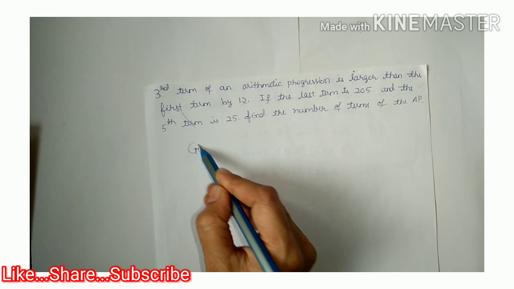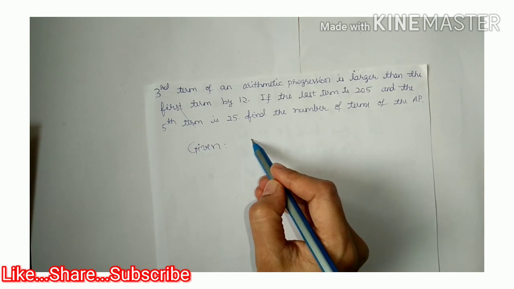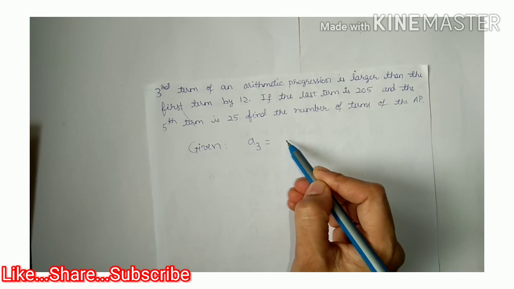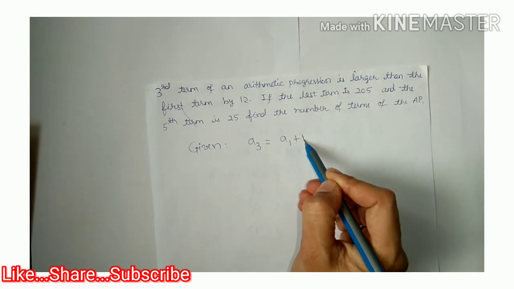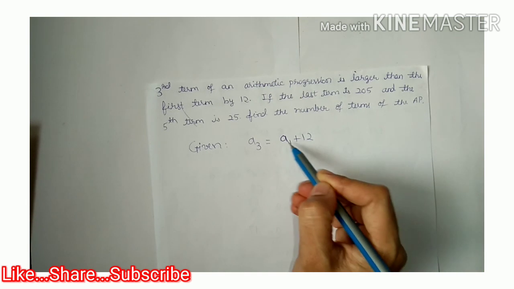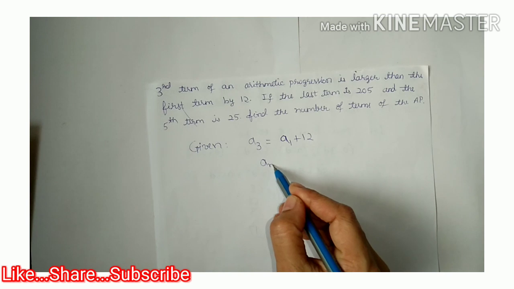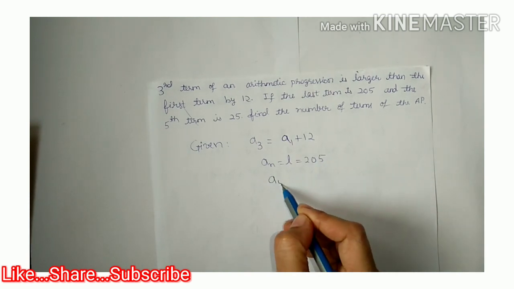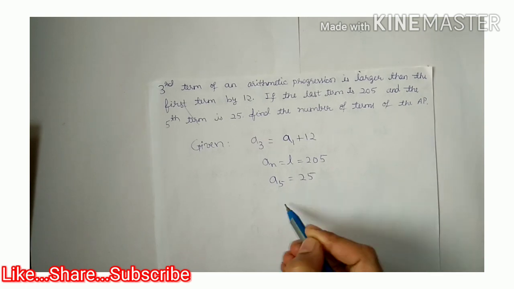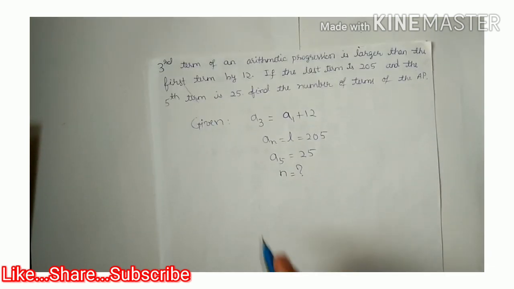Here given, the third term is larger than the first term by 12, that is A1 or A plus 12. The last term is 205, the fifth term is 25, and we need to find the number of terms.